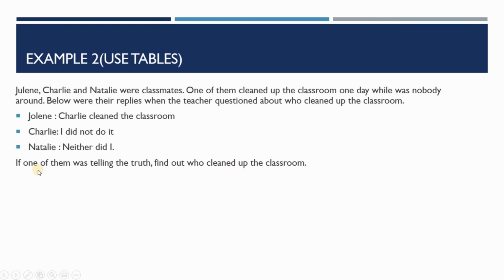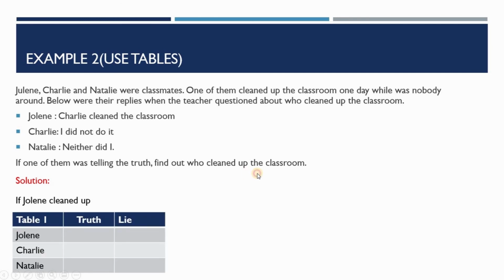So for solving this problem, you have to create tables, right? We have three conditions: if Julian cleaned up, if Charlie cleaned up, if Natalie cleaned up. If we are assuming that Julian cleaned up, who's telling a lie and who's telling the truth?